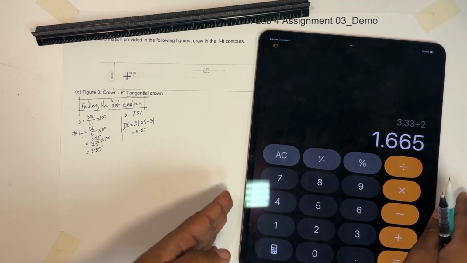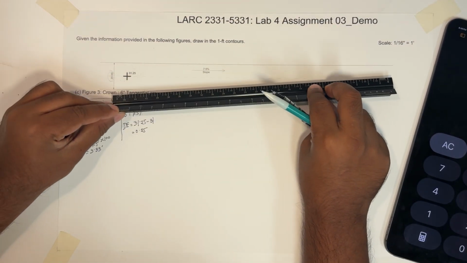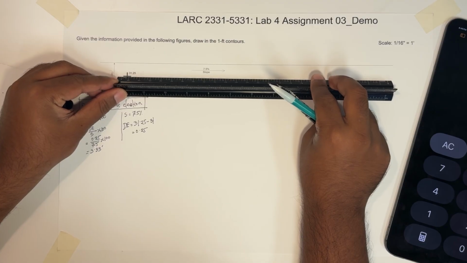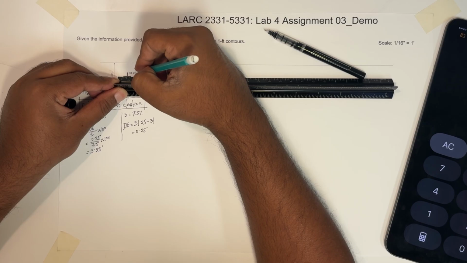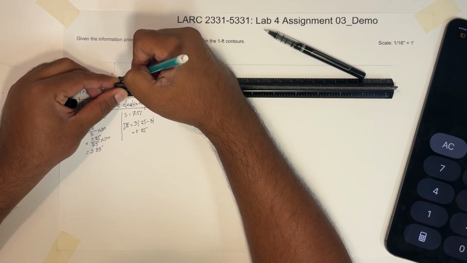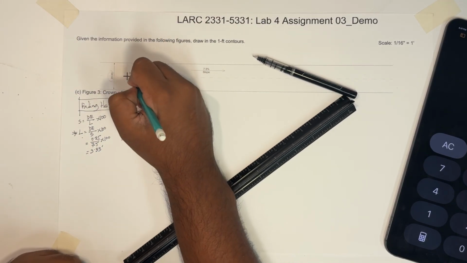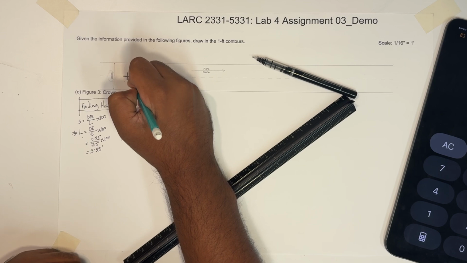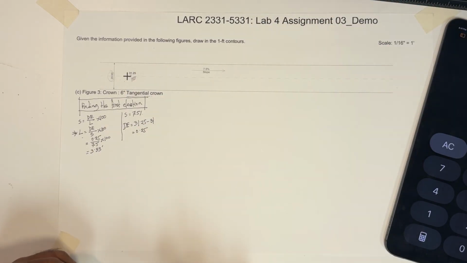This is 1.665 or 1.67. So from here towards this way, 1.67. So this point is going to be our 31 feet. Okay, so that's our very first step, finding the first elevation.